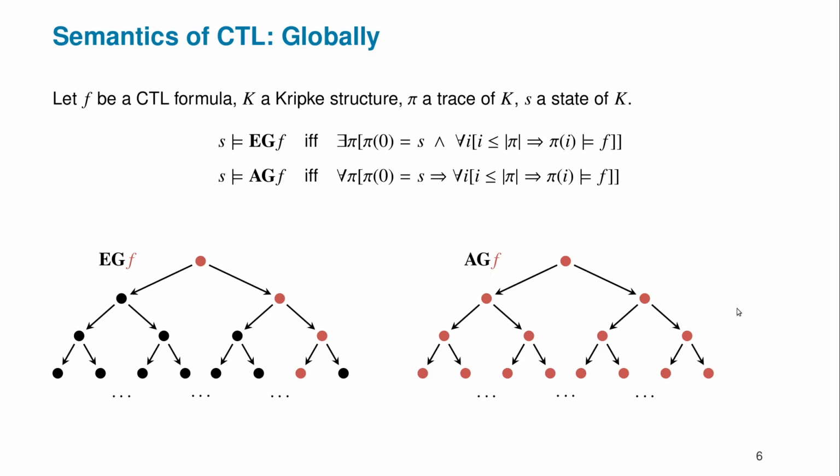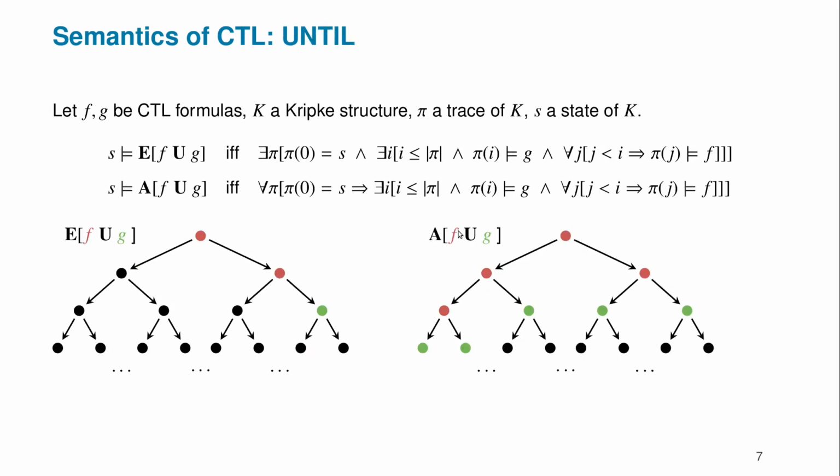So no matter where we go, we only come to states where F holds. For example, this always globally we can use to specify that something bad should never happen, that some invariant should hold.